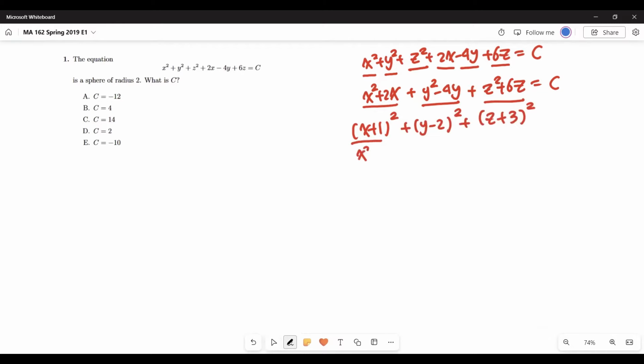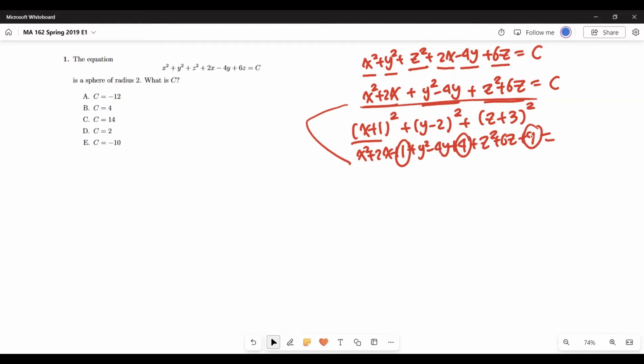This will give you x squared plus 2x plus 1, plus y squared minus 4y plus 4, plus z squared plus 6z plus 9. If you compare this line and this line, the only difference between those two equations is the numerical values 1, 4, and 9 added, other than x squared plus 2x, y squared minus 4y, and z squared plus 6z.